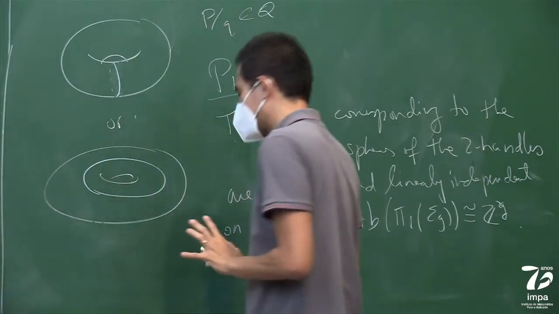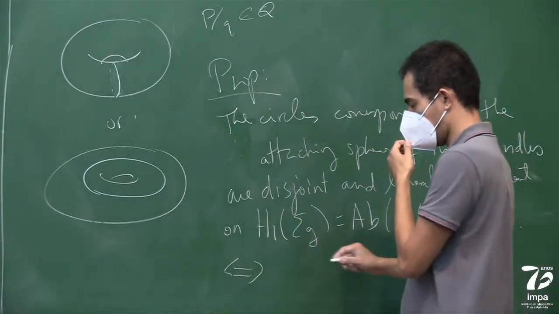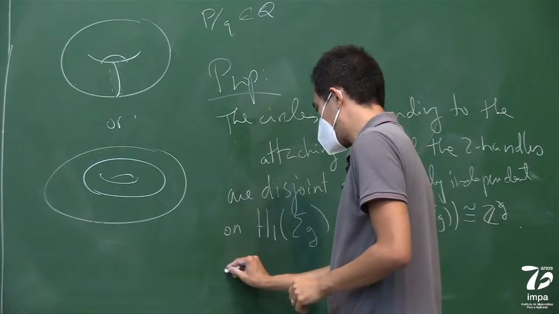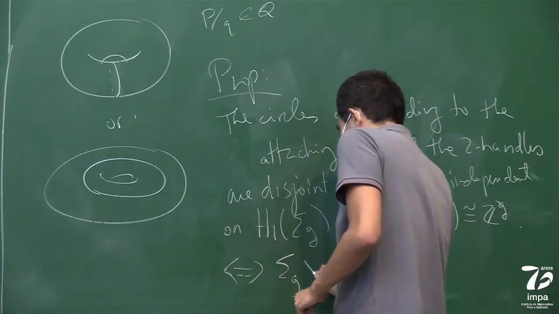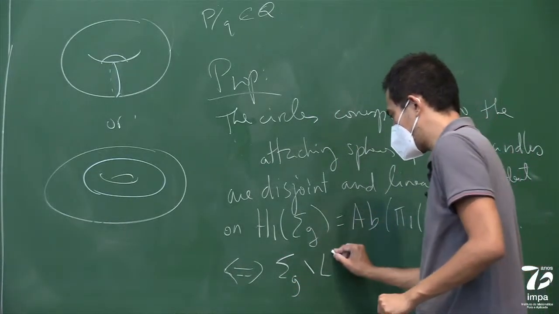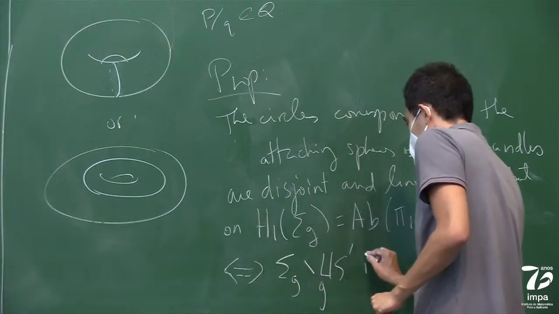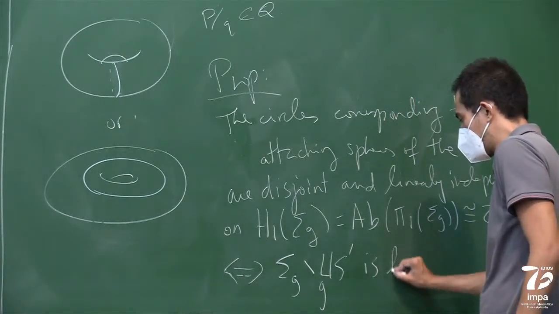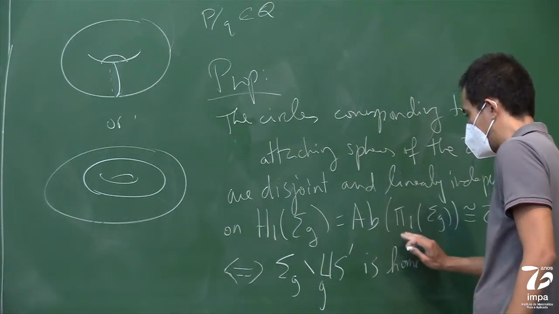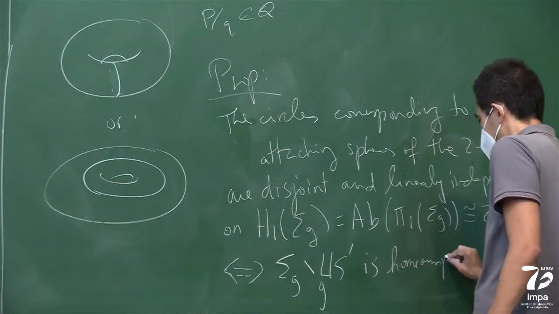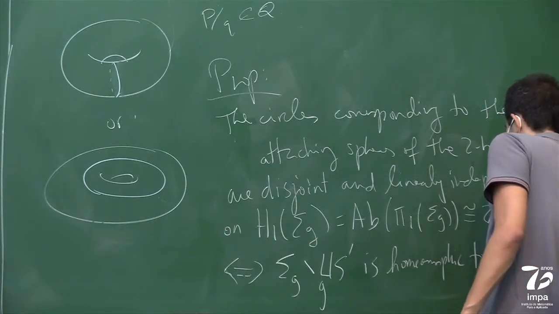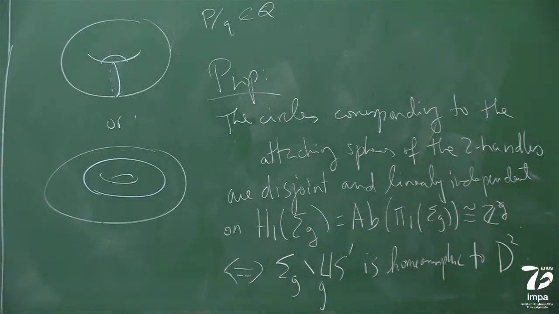So this is maybe the condition that's more interesting. Then if and only if sigma G minus the union of these S1s is homeomorphic to an open disk.